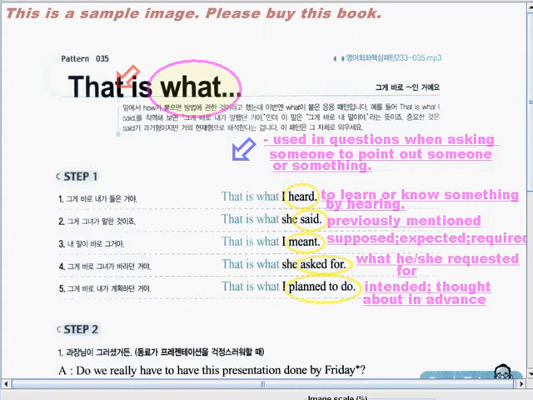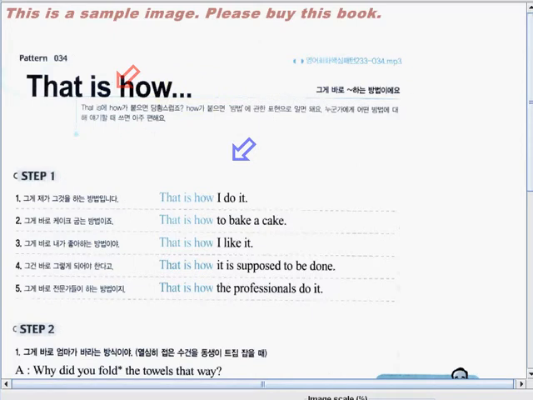Today, we will discuss a new lesson, but before that, let's go back to the pattern we discussed in the previous video. It was the pattern "that is how." When we use the question how, most of the time we are asking in what way something is done, in what manner.